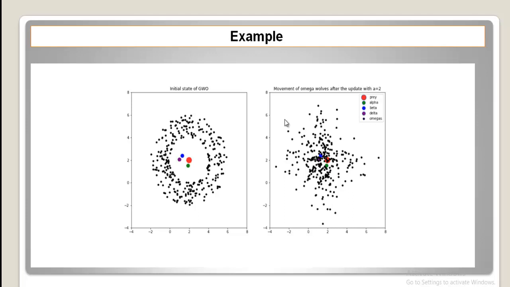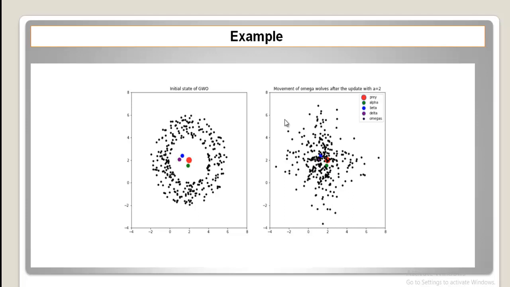As we move to the right, we see the result of the iteration of the algorithm where the parameter a is equal to 2, emphasizing exploration. The omega agents adjust their positions based on the movement of the alpha, beta, and delta.